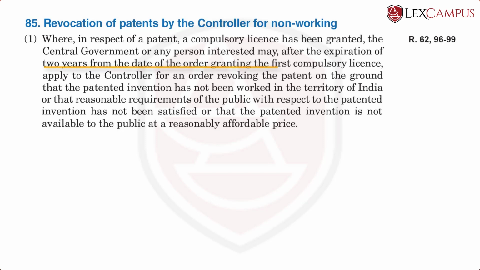The central government or any person interested may, after the expiration of 2 years from the date of ordering the grant of the first compulsory license, apply to the controller for an order revoking the patent on the ground that the patented invention has not been worked in the territory of India, or that reasonable requirements of the public with respect of the patented invention have not been satisfied, or that the patented invention is not available to the public at a reasonably affordable price.